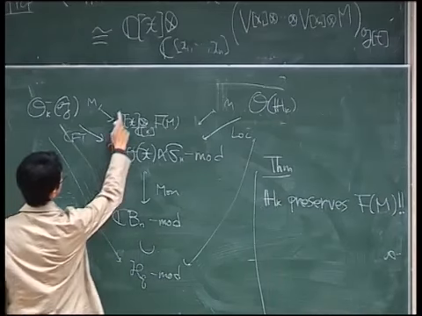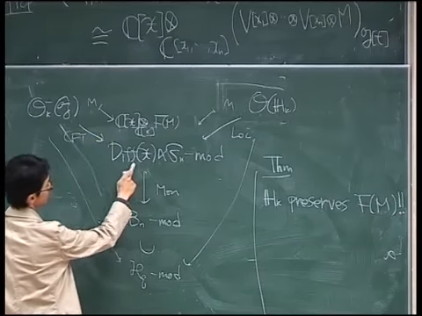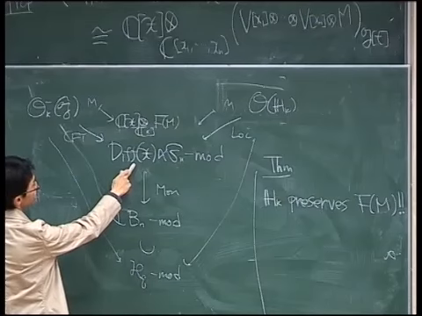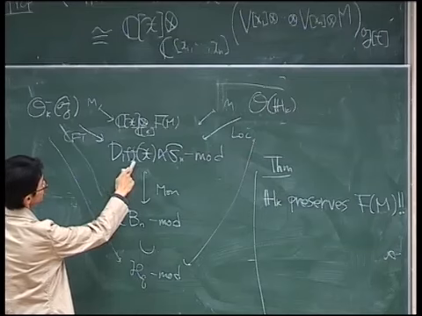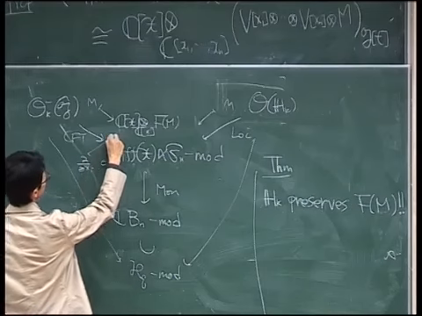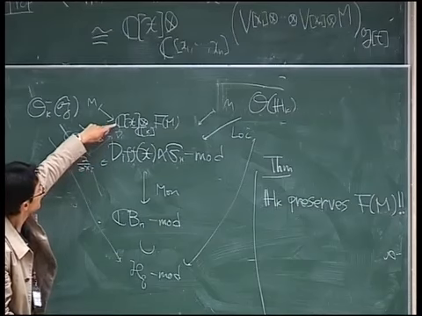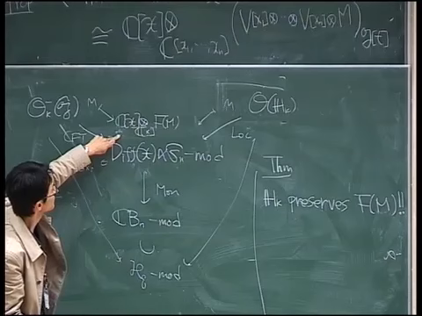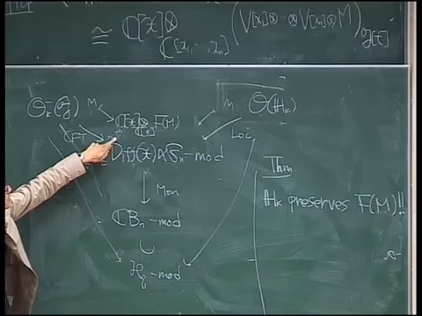So this space is a module over this algebra of differential operators. Here, d_i acts as a KZ connection, number i, but this doesn't preserve F M because it has a pole at x_i equals x_j.